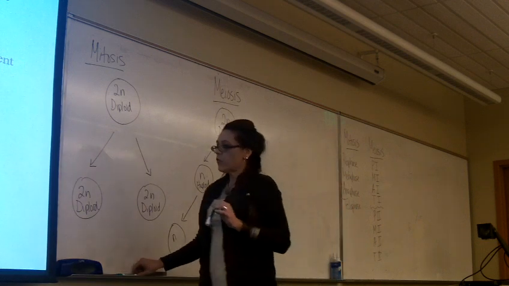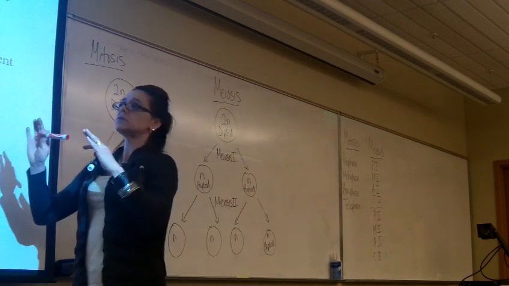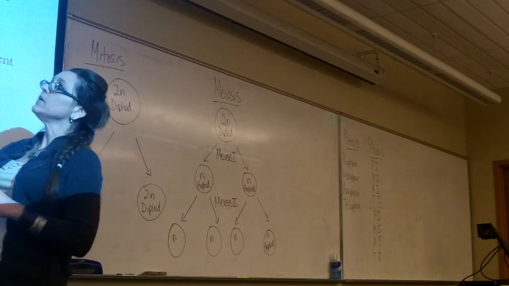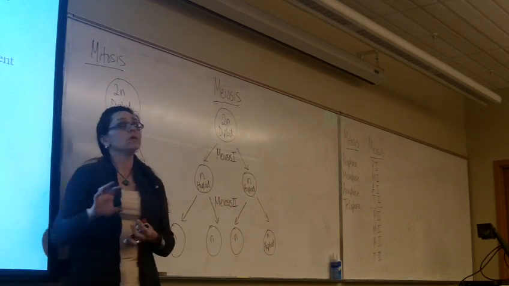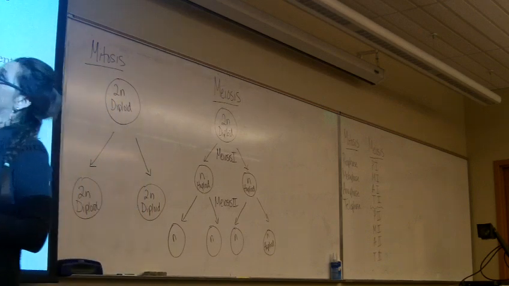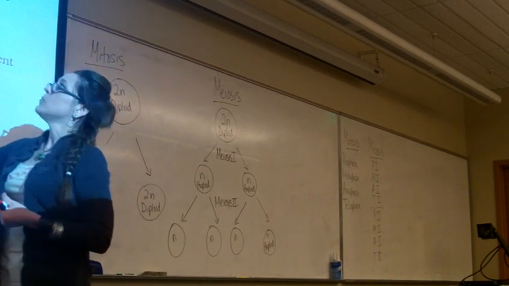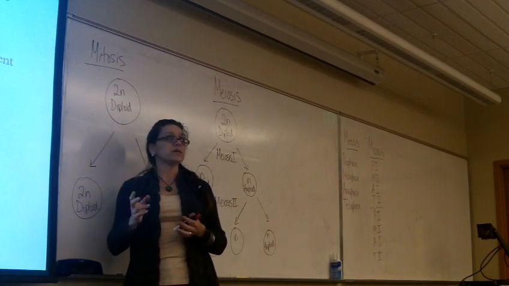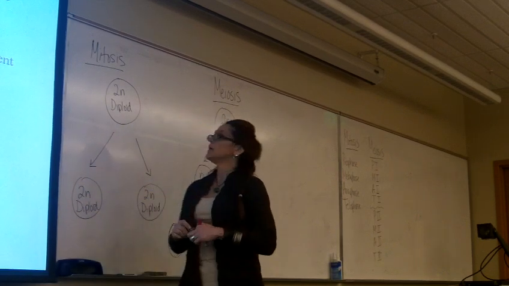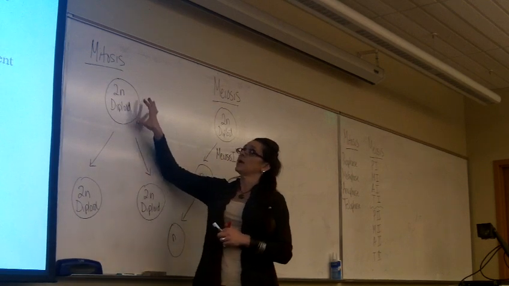Now, for males, this all started at puberty. For females, this is going to actually begin in utero. So in utero, around the 3rd to the 7th month of fetal development, we're going to start to see this process happening.